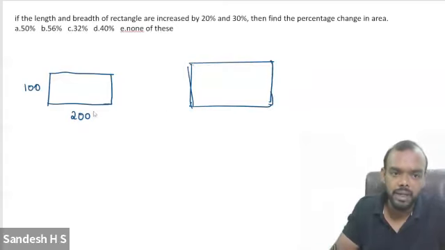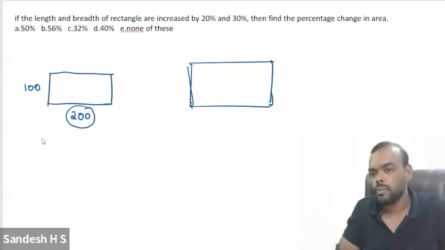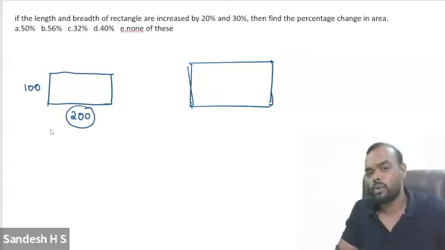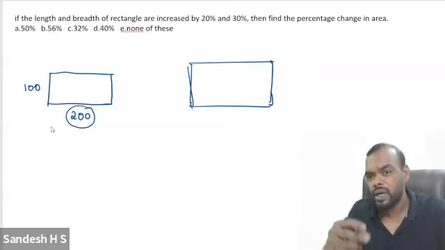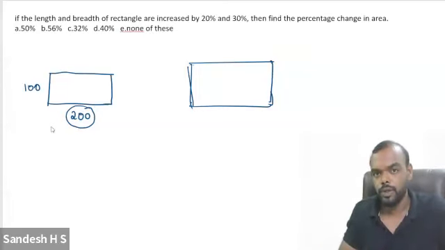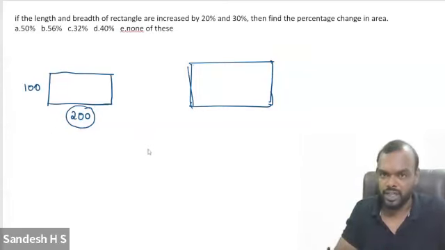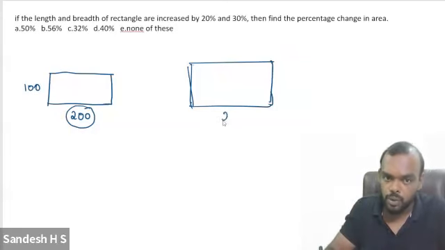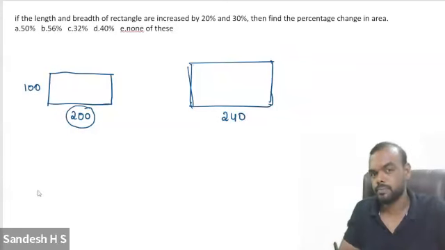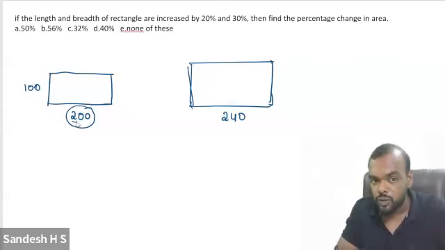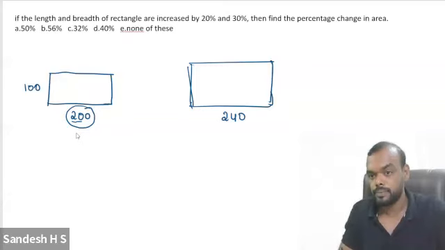Length increased by 20%. 200 increased by 20%. 10% of 200 is 20. 20% will be 40. So this will become 240. Breadth increased by not 220 Arsha, 240. 10% is 20. 20% will be double that, right? 40.